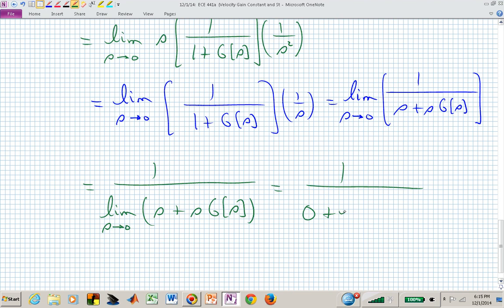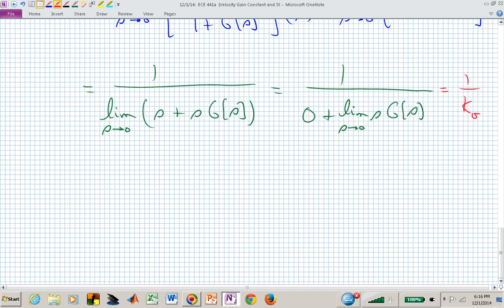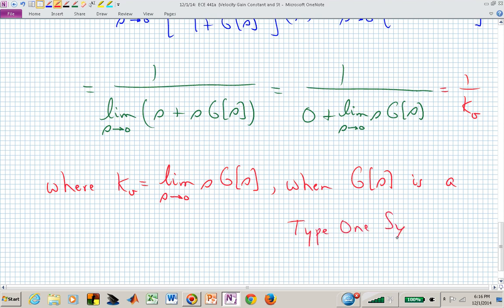And so now we're left with 0 plus the limit as s goes to 0 of s G of s, but that will just be some number because we've assumed G of s is a type 1 system, which means that s in the numerator is going to cancel the lone s in the denominator, and it's convention to simply say that that expression is 1 over some gain, and we call that gain the velocity gain because this ramp signal is like a velocity signal, where K sub v equals the limit as s goes to 0 of s G of s, simply equating expressions in the denominator, and that's true when G of s is a type 1 system.